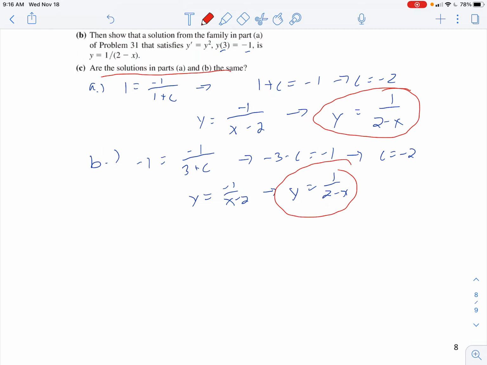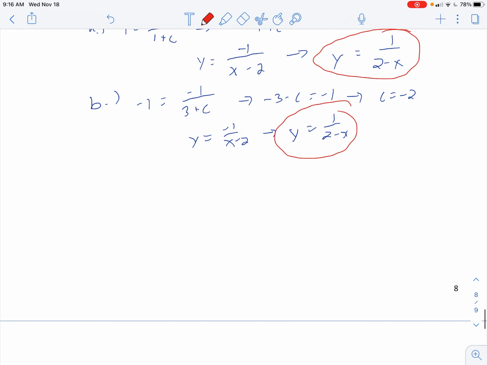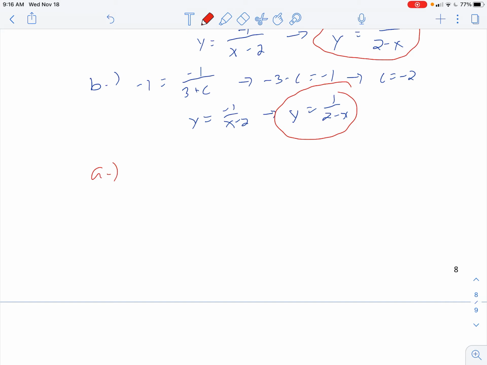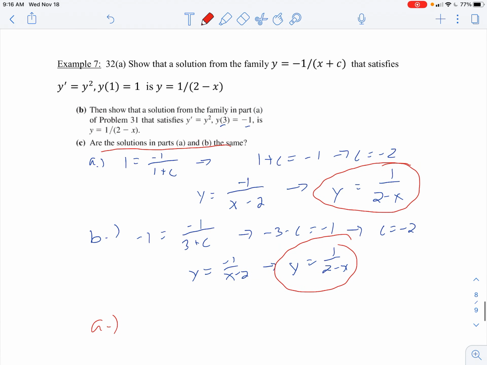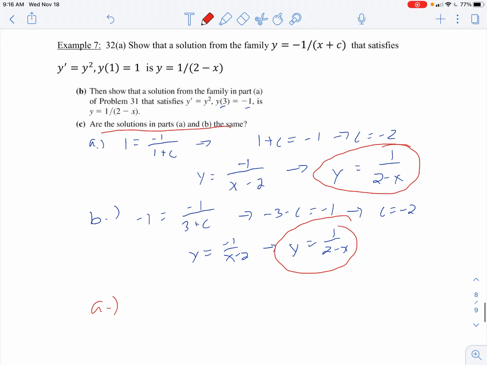But then this says, are the solutions the same? Well, are they the same? Well, if we look at A, and we look at our function, actually here's our solution. We know one thing, there's a domain for this.